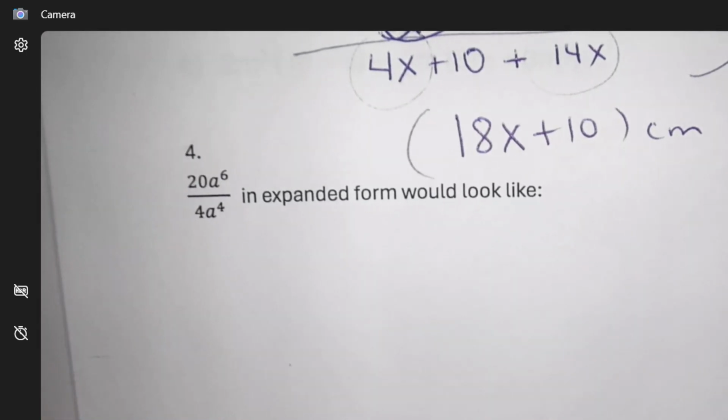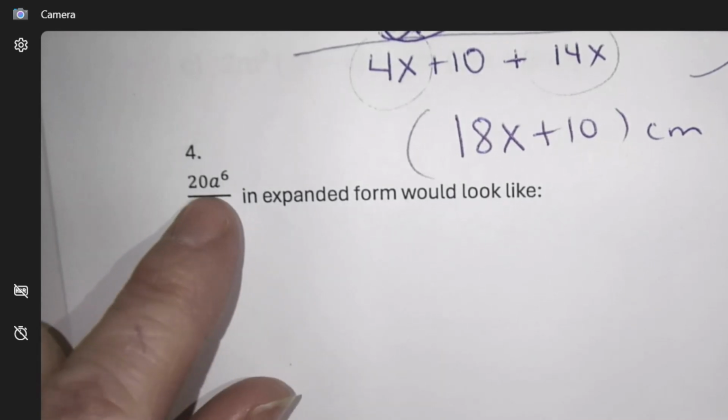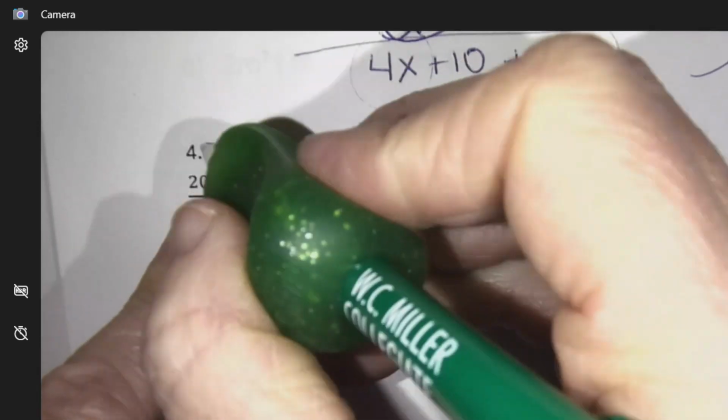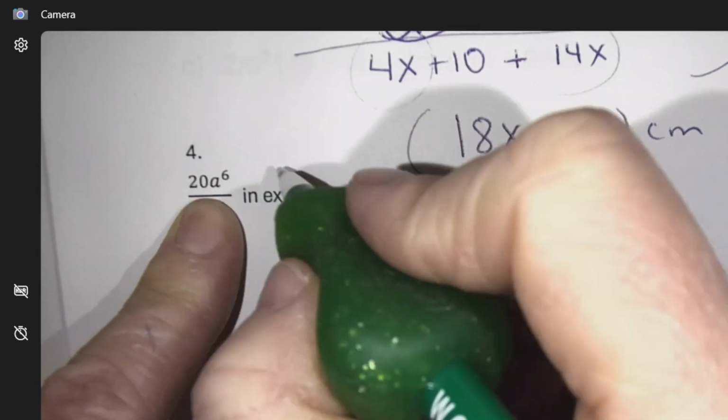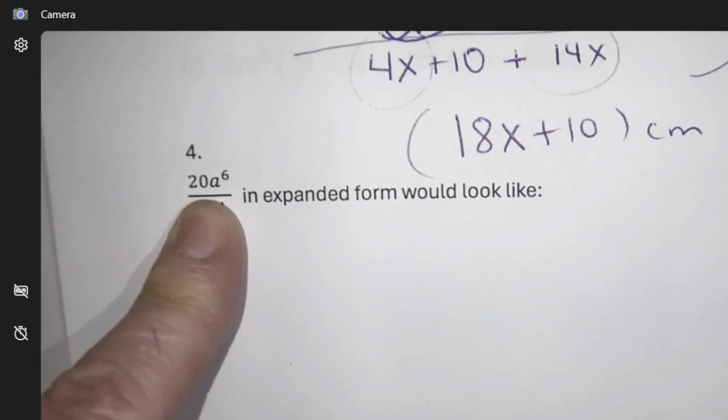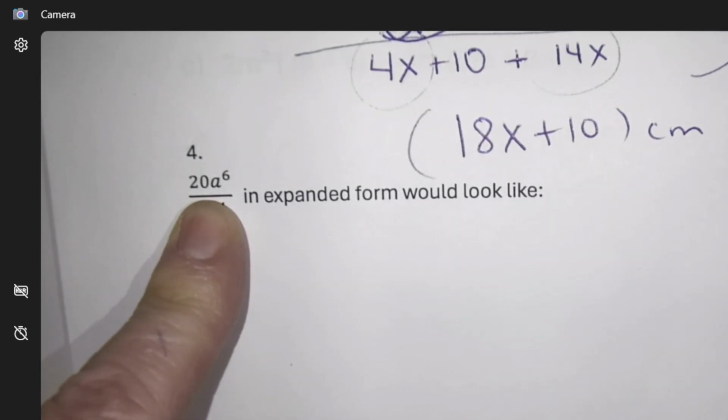Okay, question 4. What does expanded form mean? So what is really going on here? If I just look at the top, what is going on with the math on the top? What does 20A6 mean to you? What kind of operation is involved here? Are they being added together, subtracted, multiplied, divided?